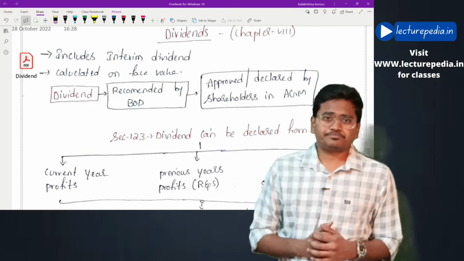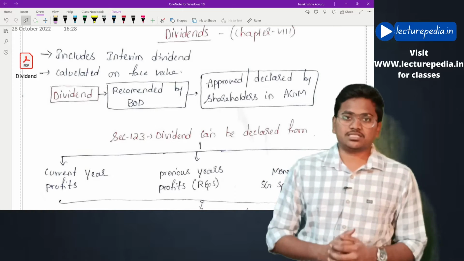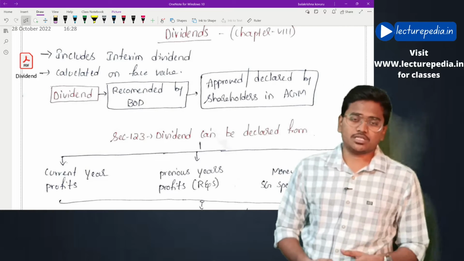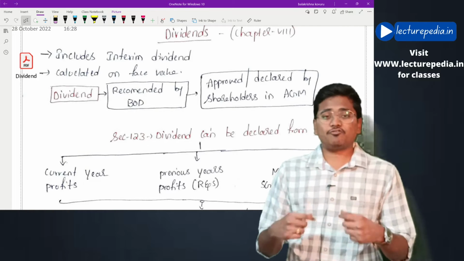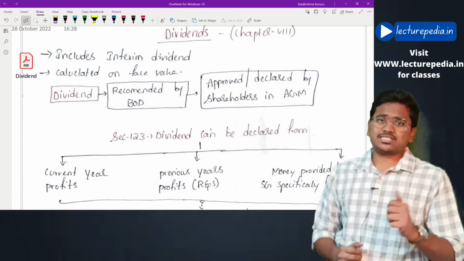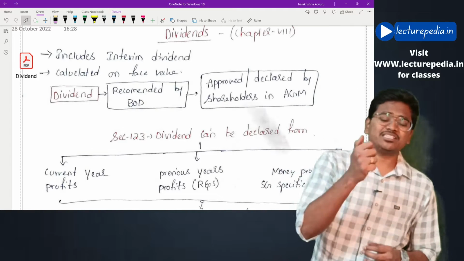And also companies will declare dividend in the form of percentage. They will say that for this year we are declaring a dividend of 10%, 20%, like this. Now the question that arises is, on which value we have to apply this percentage.